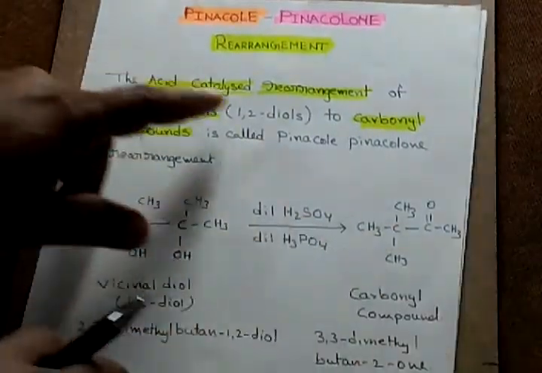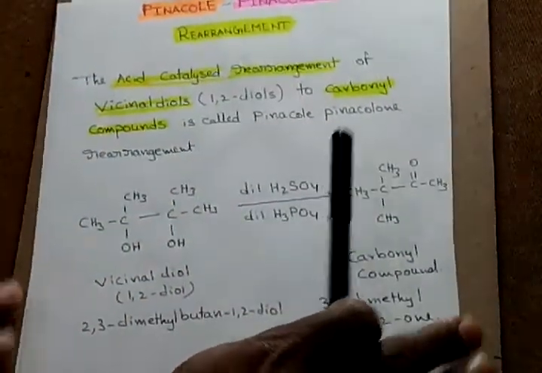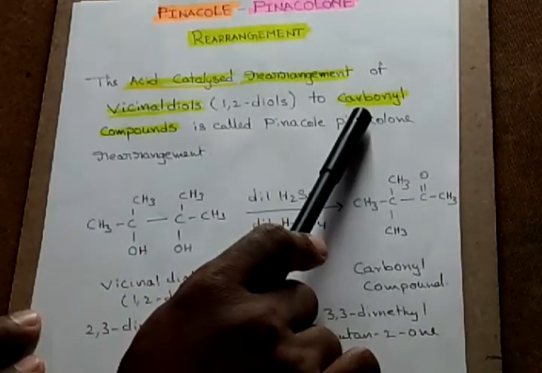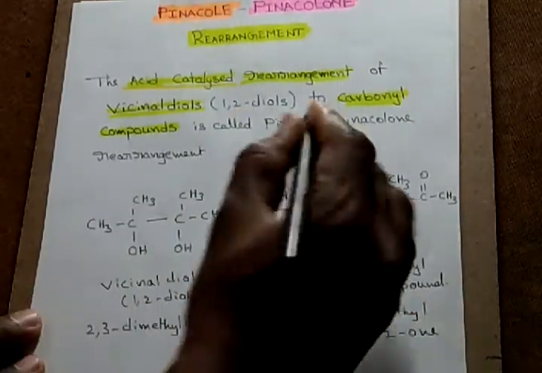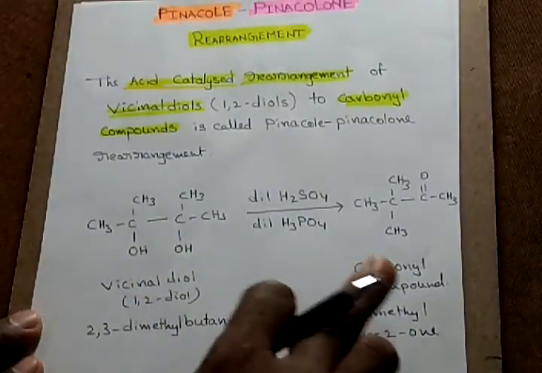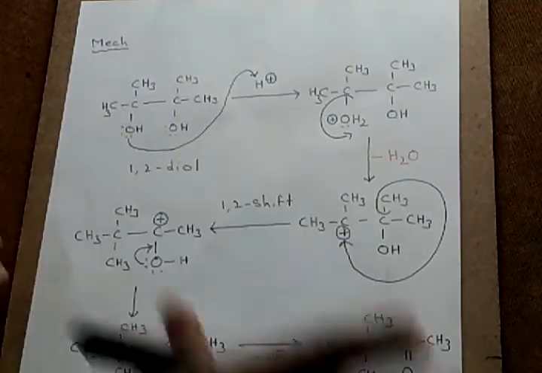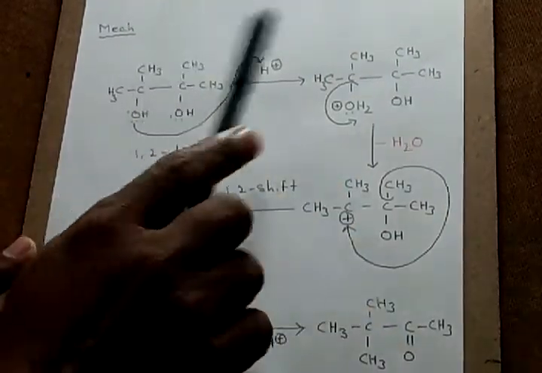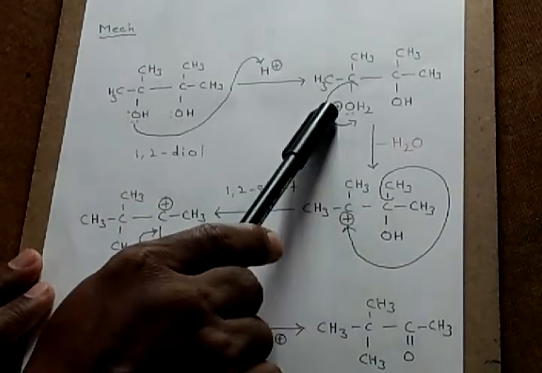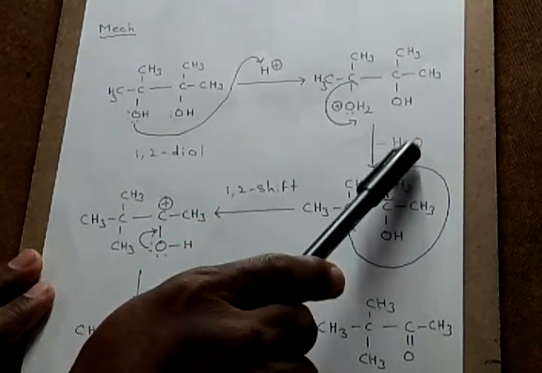The acid catalyzed rearrangement of vicinal diols to carbonyl compounds is known as the pinacol-pinacolone rearrangement. A diol is converted to the carbonyl compound in very simple 5 steps. A diol adds the H+ ion, an OH2+ ion is formed, which leaves the system as a water molecule.